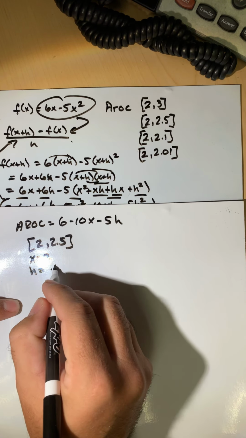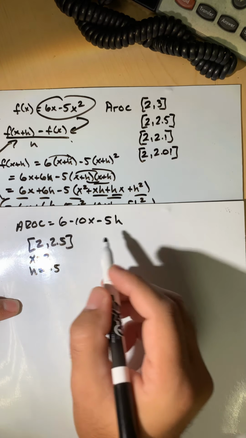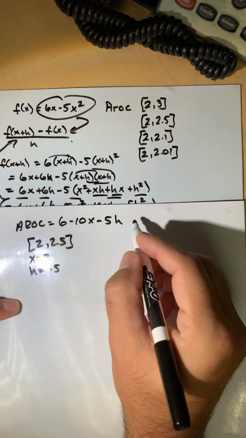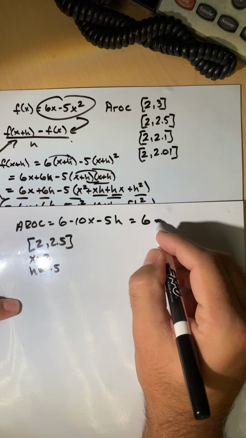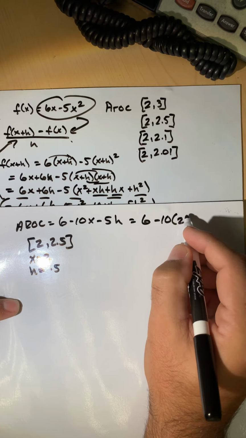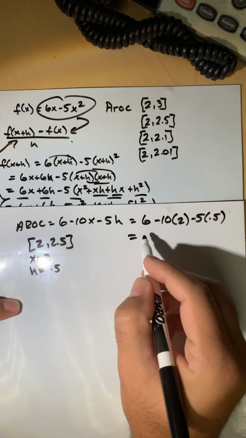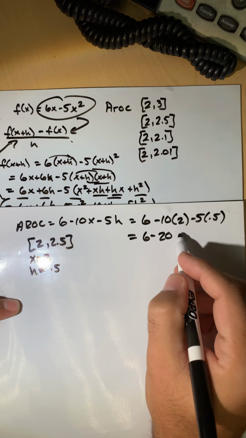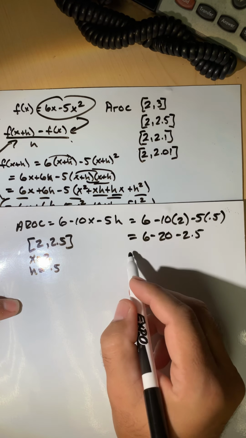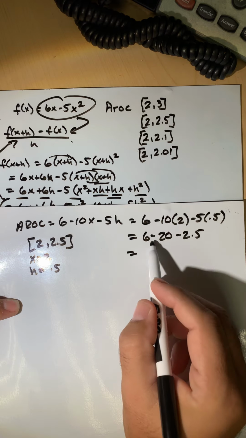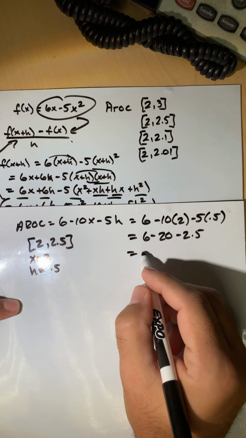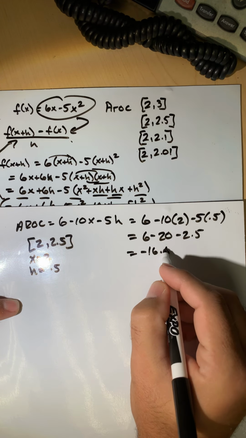So h is equal to 0.5, and now I can just plug those values in. So on this interval, I get 6 minus 10 times 2 minus 5 times 0.5. So that's 6 minus 20 minus 2.5. So that's negative 22.5 plus 6. So that's negative 16.5.